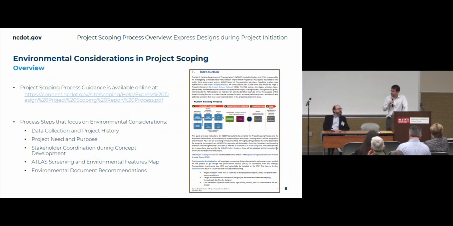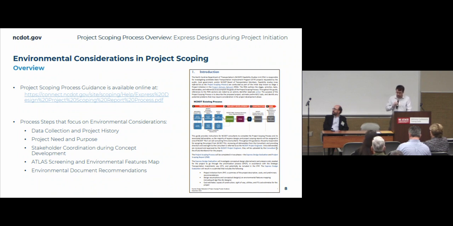And so looking at this slide here, if you just Google project scope, like NCDOT Connect project scoping guidance, our guidance document will come up, and it's that hyperlink right there. It has all of our best practice information, can answer most any questions you might have.